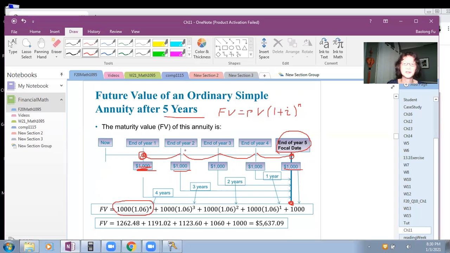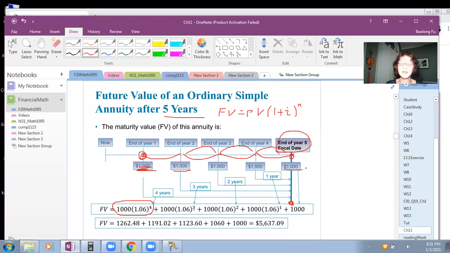Similarly, from the end of year 2 until end of year 5, it is 3. 1, 2, 3. So it is 3 here. Okay. End of year 3, you have 2. End of year 4, it is 1.